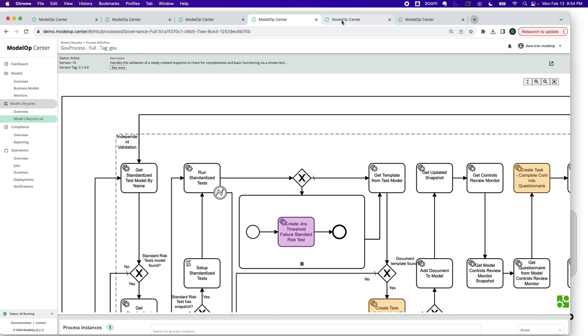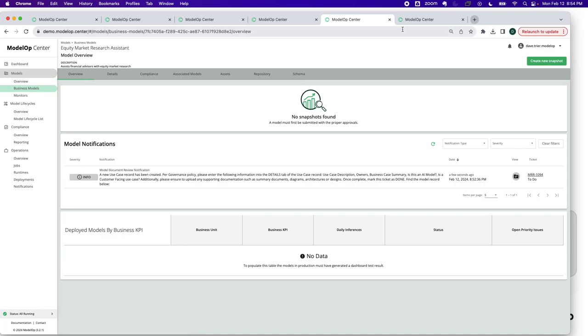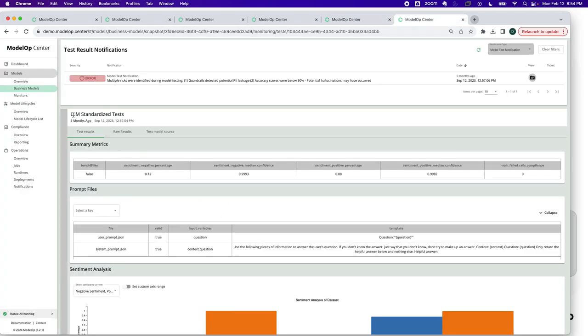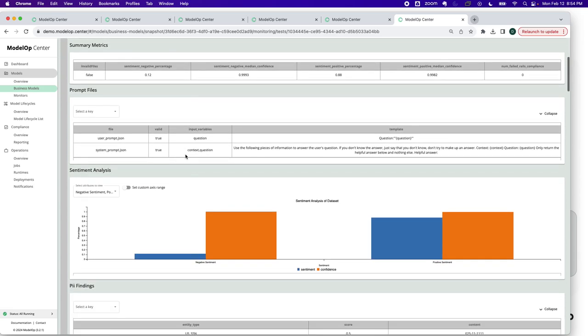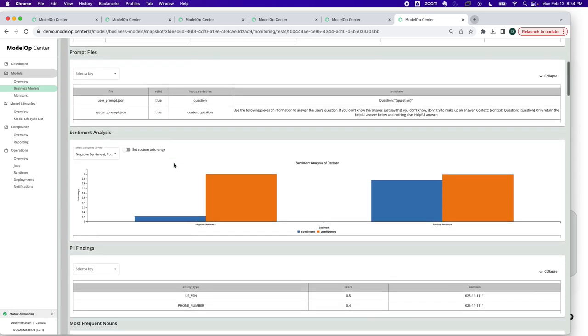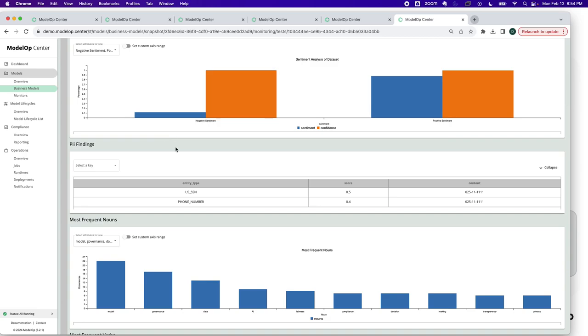So as an example, with my research assistant AI bot, we actually ran ahead of time a whole series of tests for this LLM, where we're looking at a variety of different metrics, including ensuring that the right prompt files are in place. We ran sentiment analysis against the responses.